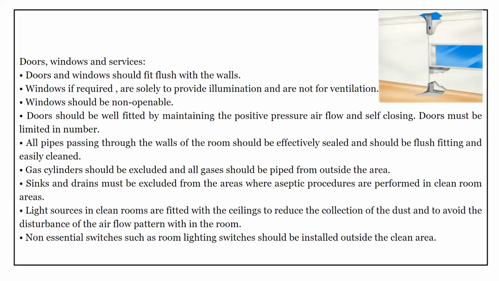And non-essential switches such as room lighting switches should be installed outside the clean area. If you have seen each and every point, the precaution is taken only to prevent accumulation of dust and microbes inside the aseptic area.